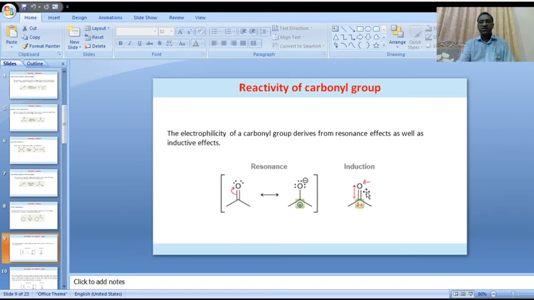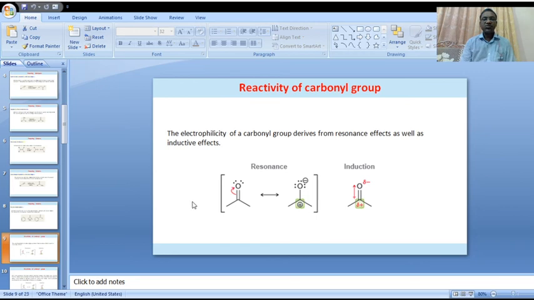Based on that effect, the carbon atom gets delta positive. Is it clear? This is about the inductive effect. Based on that, carbon and oxygen get delta negative and positive charges.